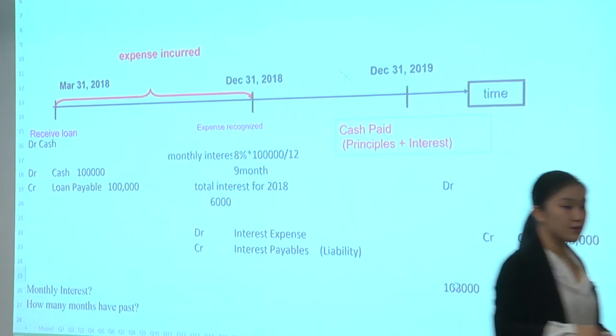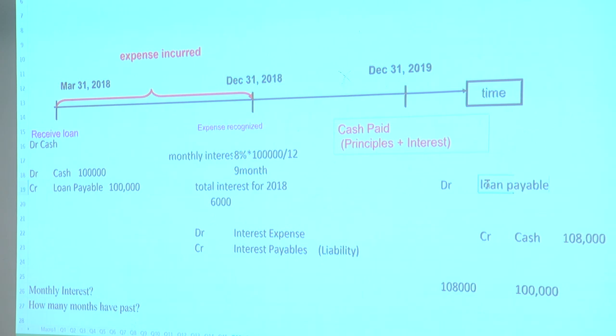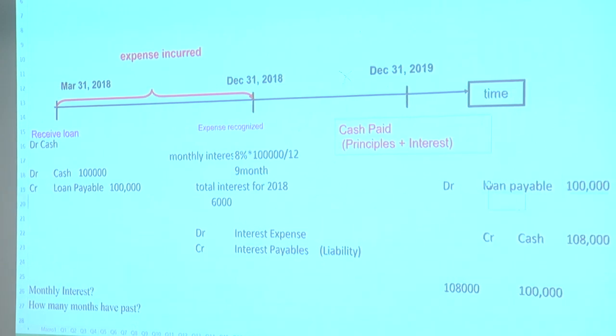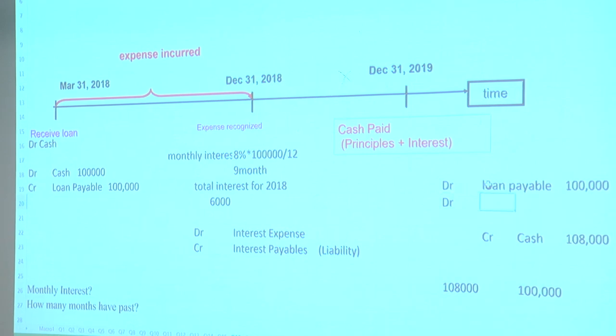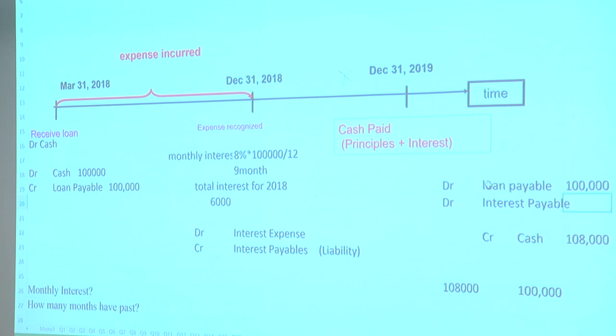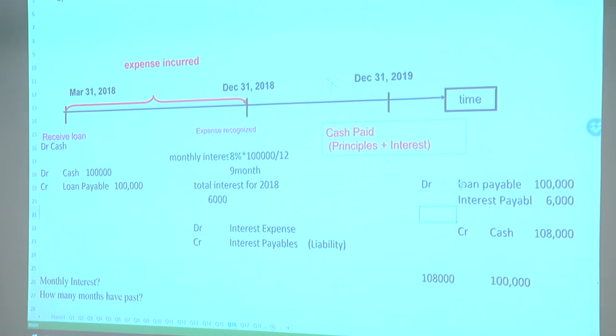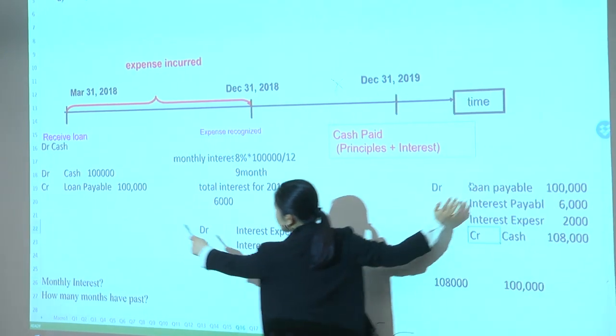So the first thing we do is to debit it. Now we did this to refer to the first one.